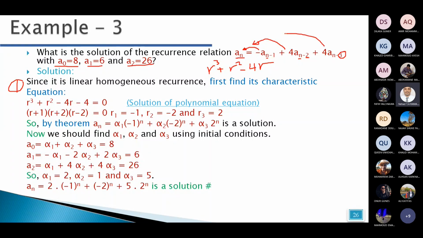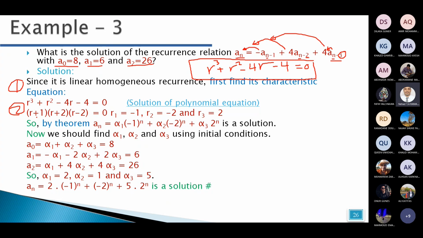Okay, this plus goes there as minus 4. So r power 3 minus 3, this means power 0, which means 1 multiplied by -4, so it will not change this 1, because 1 multiplied by 4 becomes 4, and it goes minus. Equal 0. So this is the characteristic equation.